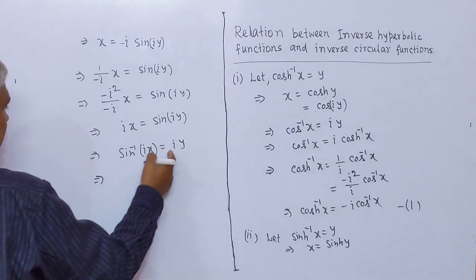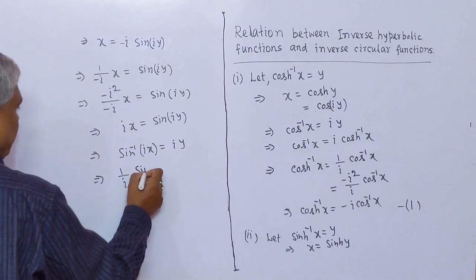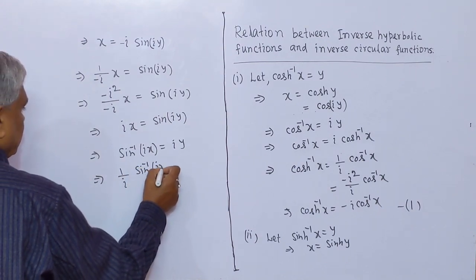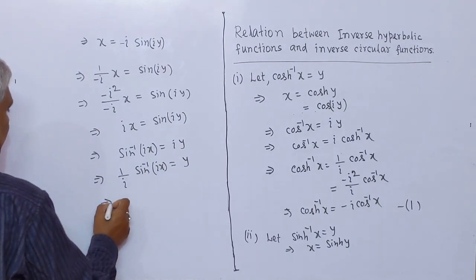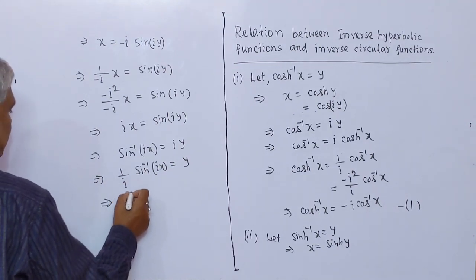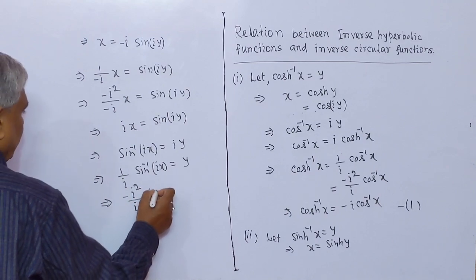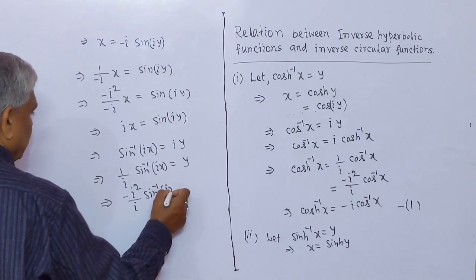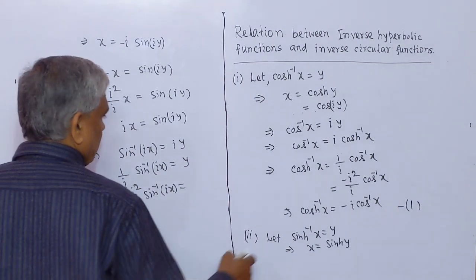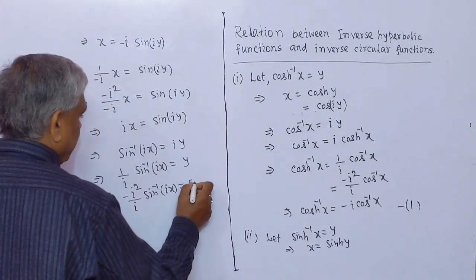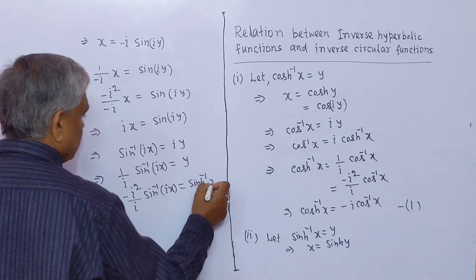We send i to this side: 1 by i sine inverse of ix equals y, and 1 means minus i squared by i, so minus i sine inverse of ix equals y, that is sine hyperbolic inverse x.